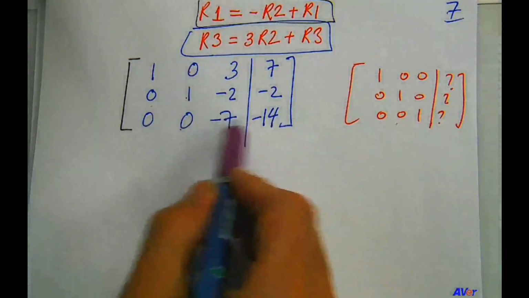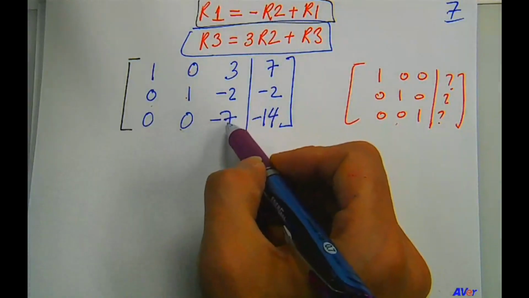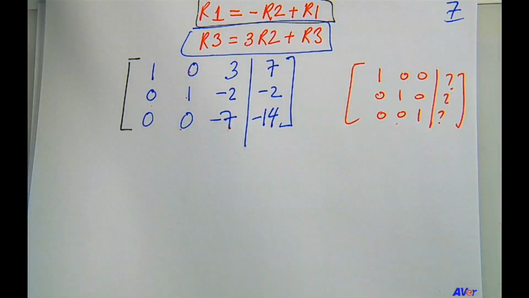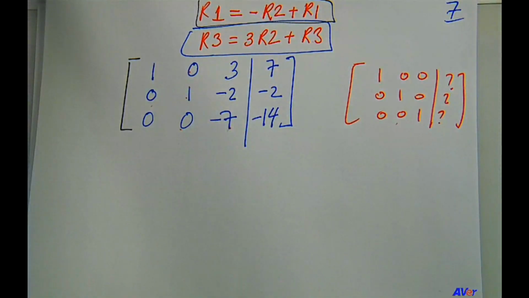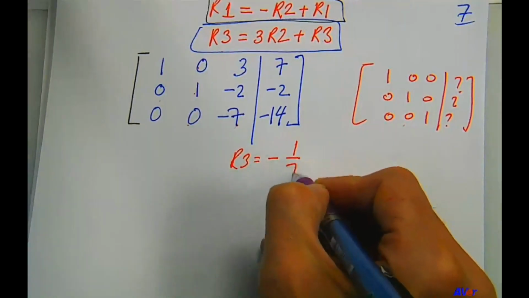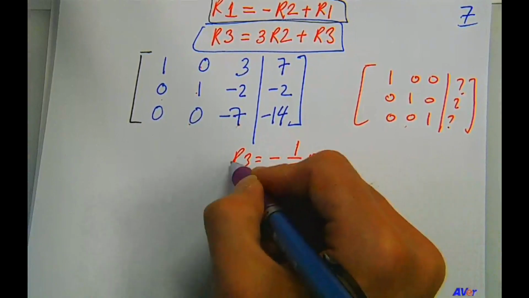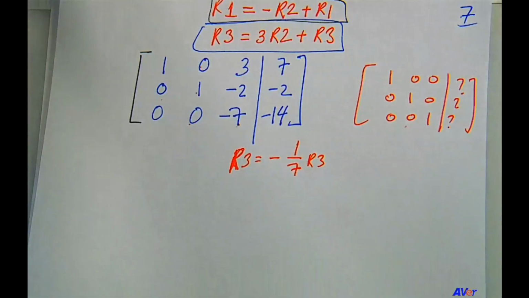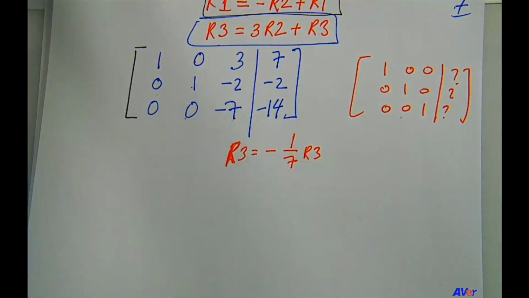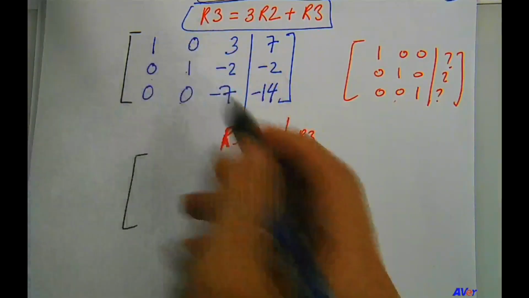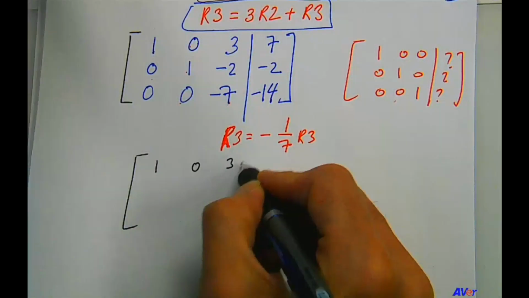It's going to be our pivot row, this one, because we're going to get the diagonal 1 for it pretty soon. So we can multiply it by a constant and get a 1 there. What constant would that be? It would be minus 1 over 7. So multiply row 3 by minus 1 over 7. And we're going to get a 1 in that corner, which is what we want, right? Okay, let's do that. That means the first 2 rows are not changing.